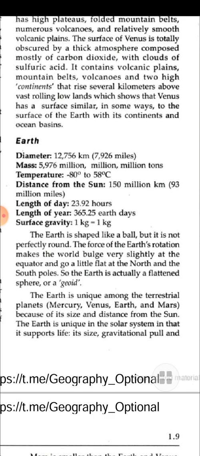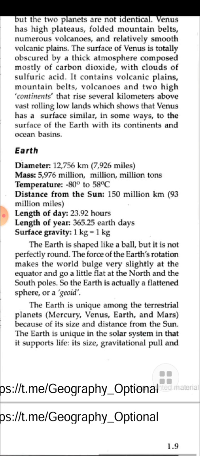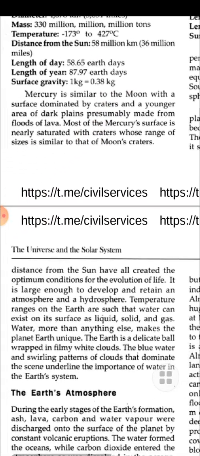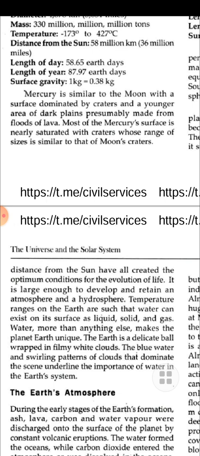Earth is unique among the terrestrial planets Mercury, Venus, Earth, and Mars because of its size and distance from the Sun. The Earth is unique in the solar system in that it supports life. Its size, gravitational pull, and distance from the Sun have all created the optimum conditions for the evolution of life.